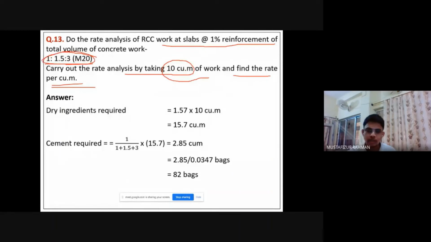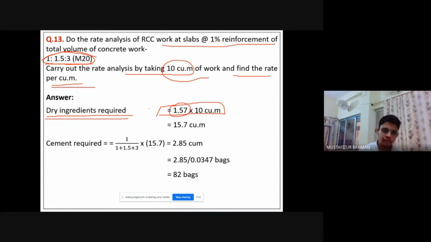We did the calculation for PCC also. The initial calculation is exactly the same. What are the dry ingredients required? We have to multiply with 1.57. What is this 1.57? This is a shrinkage factor, because when we mix the fine aggregate, coarse aggregate, water and cement, they will shrink.